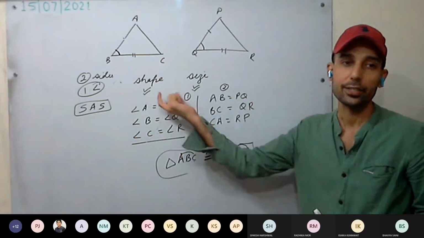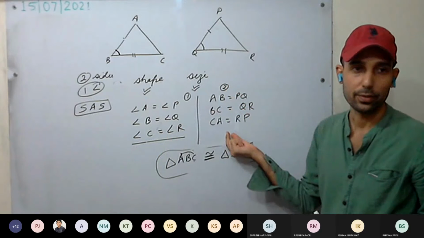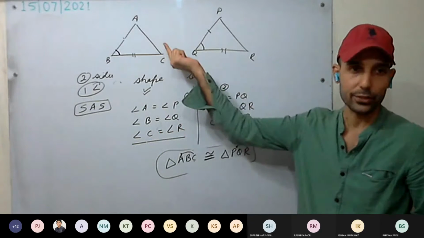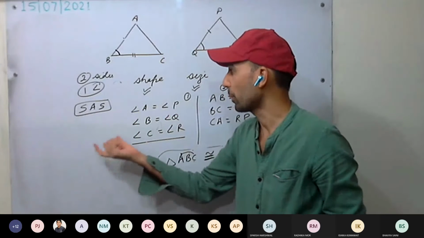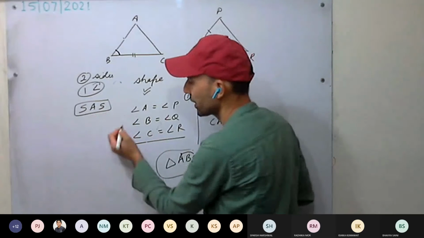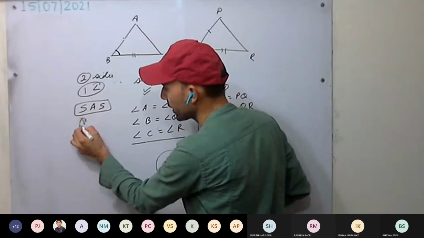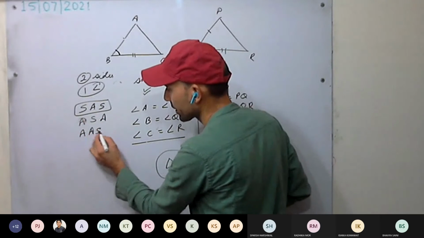Maximum required, you can go with all three corresponding angles and all three sides. But why should we go for all? This information may not be given in the question. So the minimum required is this much. There are different combinations like this. SAS we can prove, or two angles and the included side, and AAS.